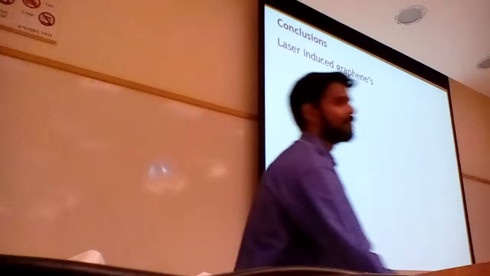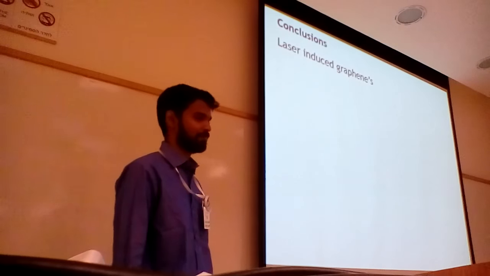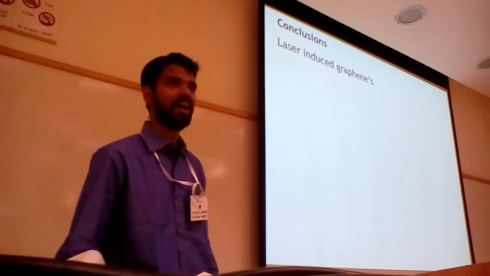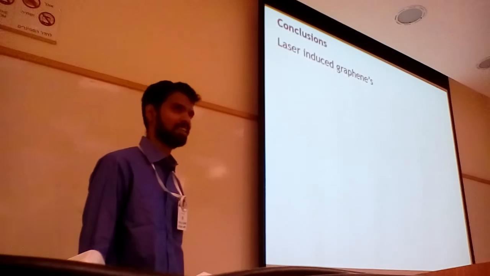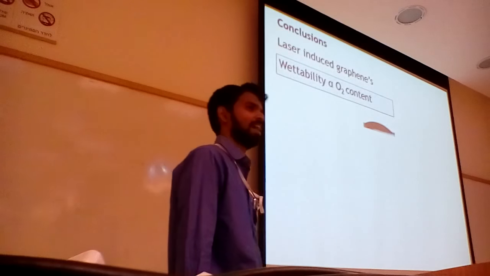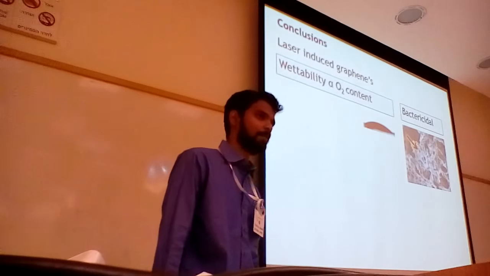Having behind us a bright future with graphene, we will bring back to our mind their nature in the realm of microbiology and surface chemistry. The increase in oxygen content makes it hydrophilic, and graphene is killing bacteria.